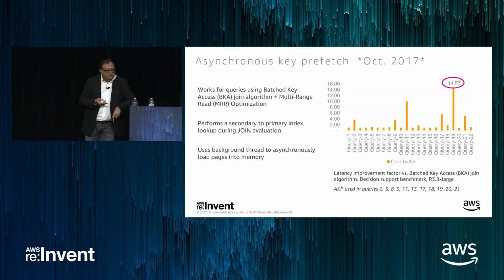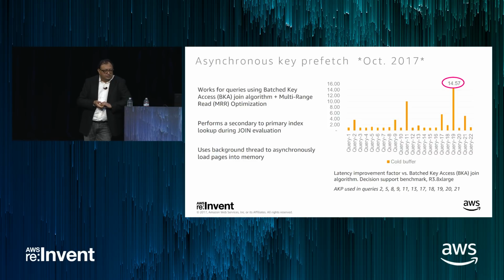And so this is the latency improvement factor versus what current MySQL batch key access joins do, using basically TPCH, slight variations. TPCH has very formal rules, so this is basically the same queries and data, but not TPCH formally, running on R38XL.